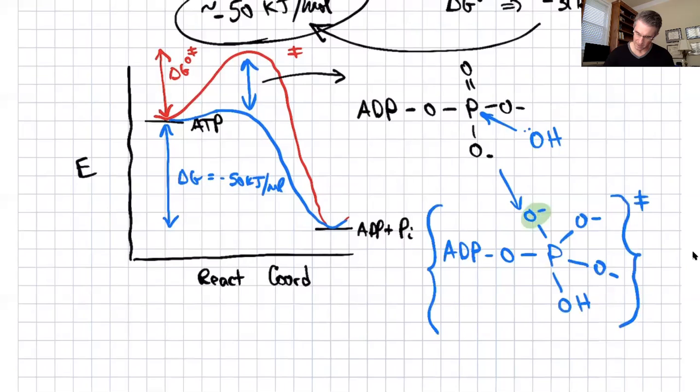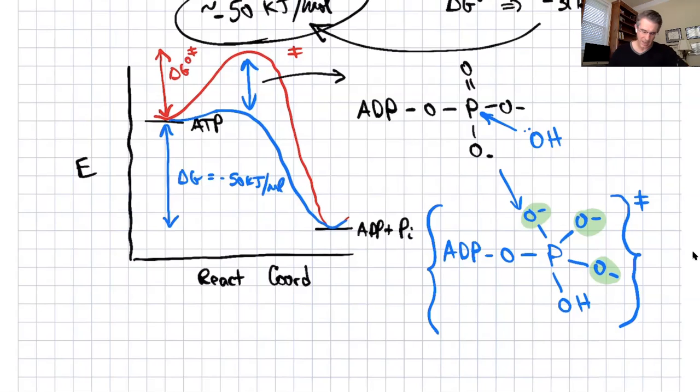This thing is just packed up with negative charge, all clustered around this phosphate. That's a lot of negative charge in a very, very small spot. You can now hopefully understand why getting that to happen is not going to be energetically very favorable. The transition state is very high in energy. This is extremely energetically unfavorable.